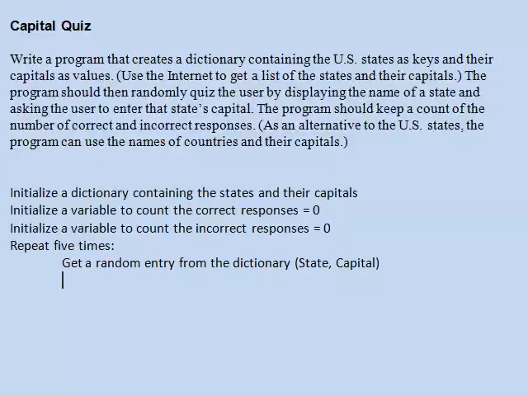Then we're going to ask the user to enter the capital for the state that we retrieved here from the dictionary. And then we're going to determine whether the user was correct. So we'll have some logic that works like this.